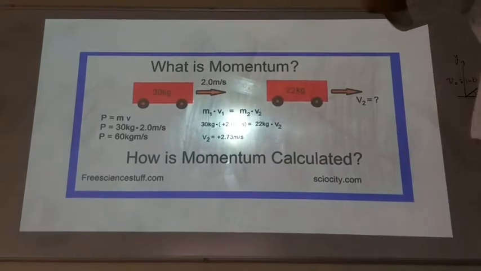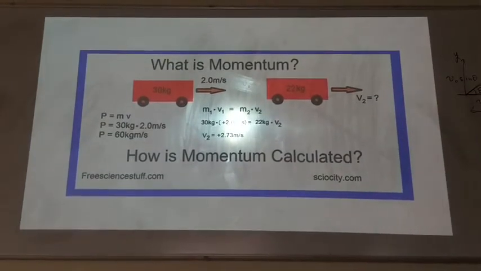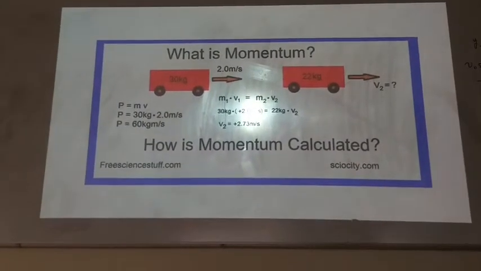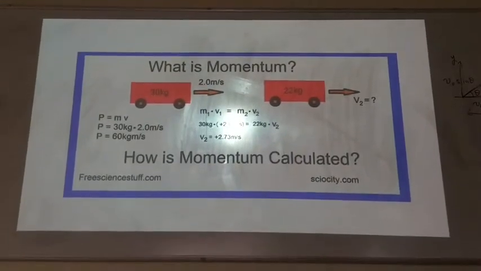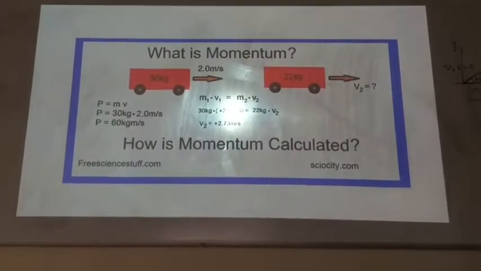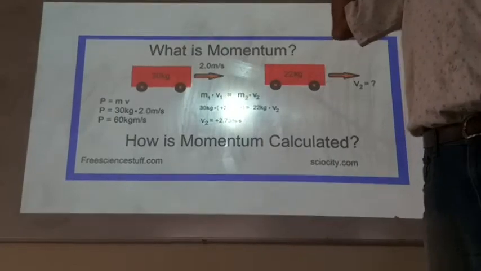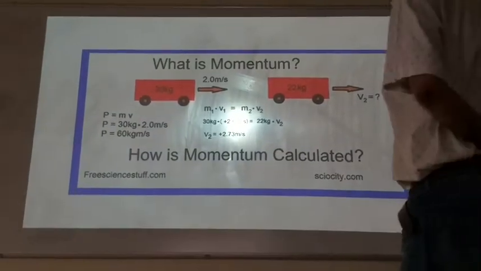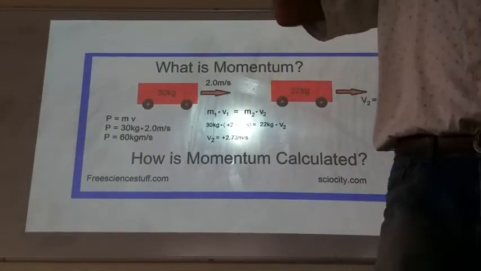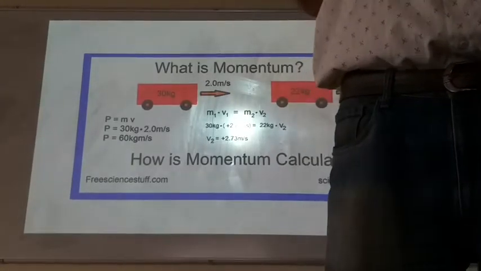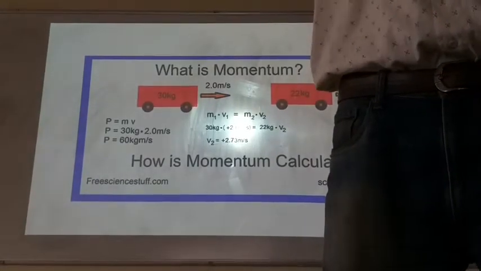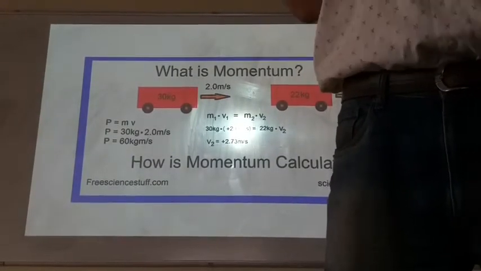Make sure you understand how the units are taken into account as well. Mass times velocity, kilograms meters per second. That would be the unit for momentum. This is very crucial. People often miss out on units. You shouldn't do that. You should understand what the units are.